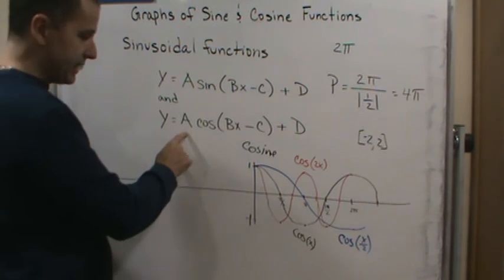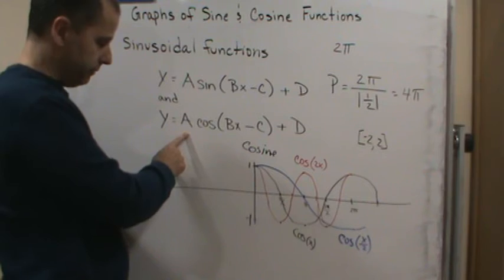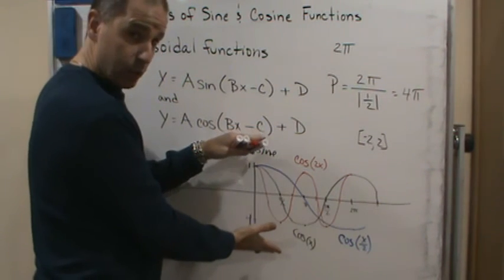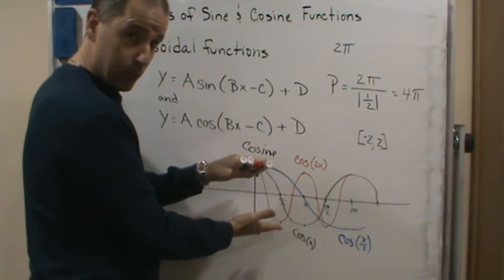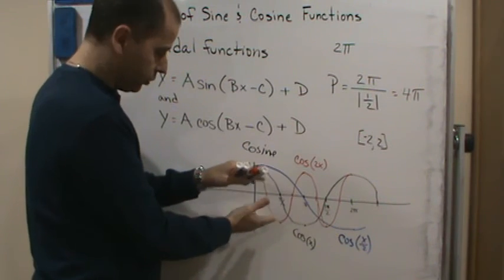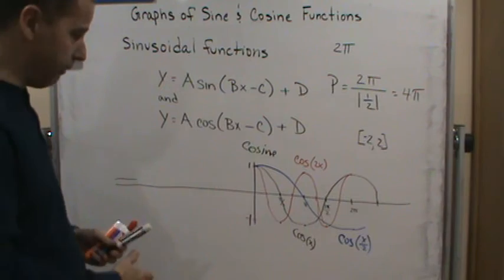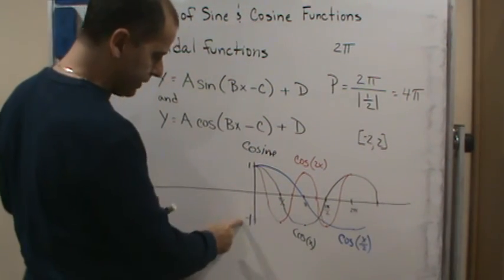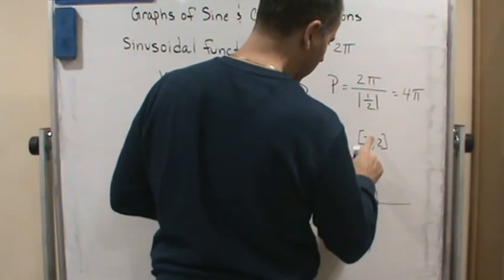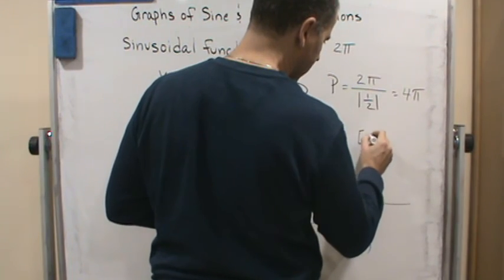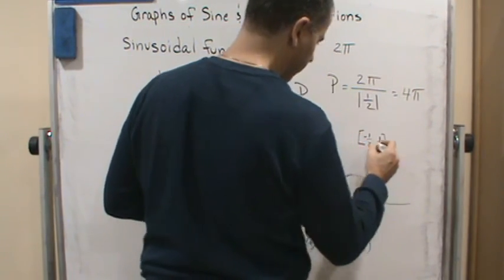And what if A is less than 1? What if it's 1/2? Well, now that's a vertical compression, which means it's now compressing it in the vertical direction. So if A is 1/2, that means the amplitude is now 1/2. Which means instead of going from 1 to -1, it's now going to go from -1/2 to +1/2. Okay?